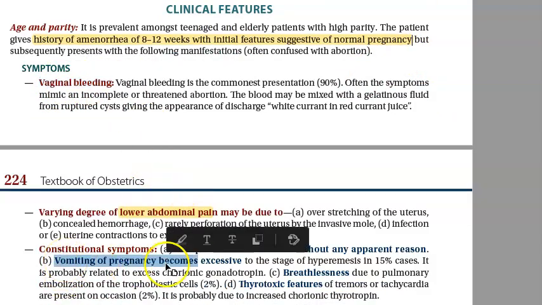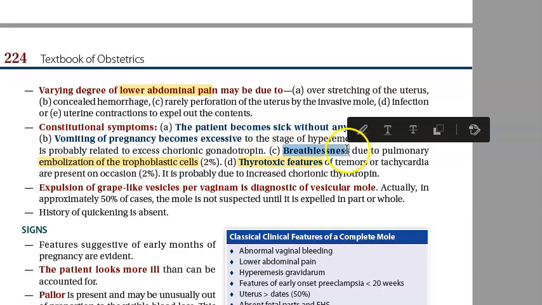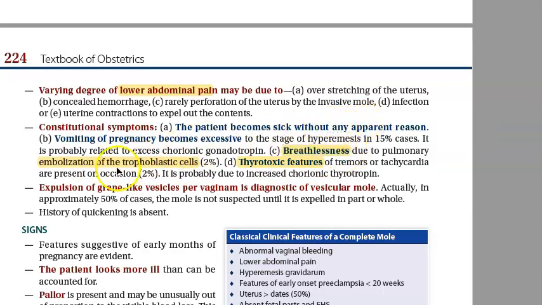They'll have a lot of vomiting because beta HCG is high. They can also come with thyrotoxic features because of the increased beta HCG. They can have embolization because of the trophoblastic cells, and come with breathlessness due to pulmonary embolization. That's again scary. There can be expulsion of grape-like vesicles, possibly.